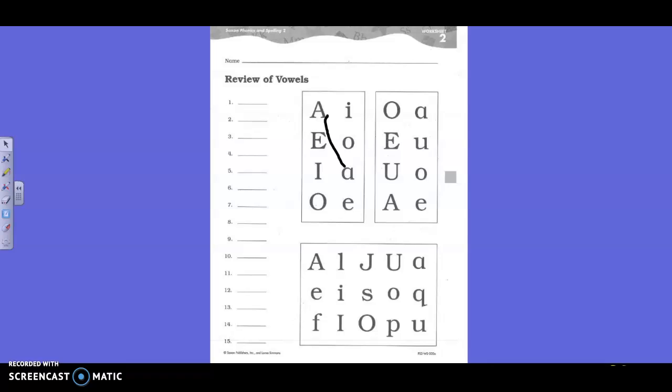Okay, we are going to see how many vowels you circled, or how many circles we need to have.